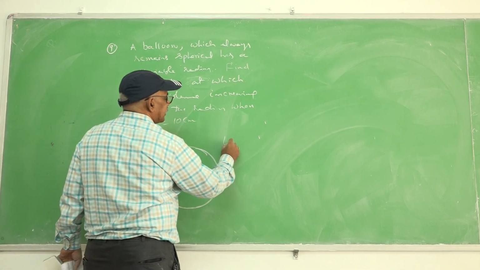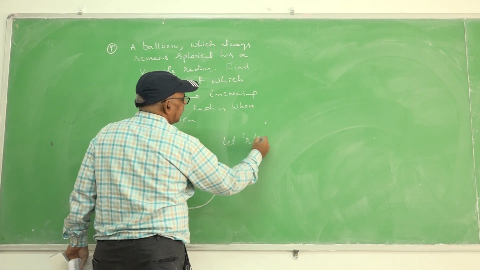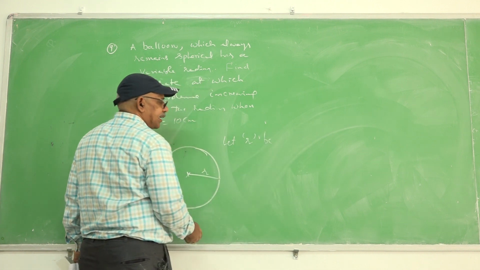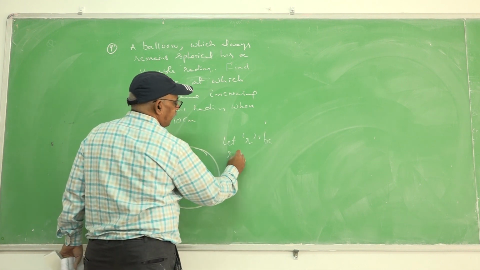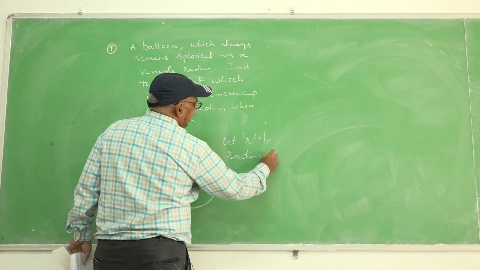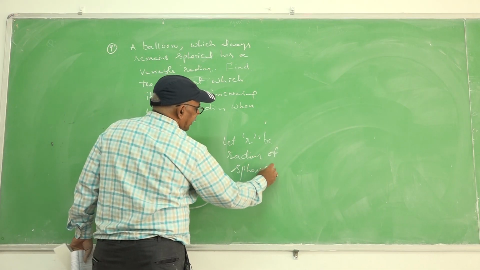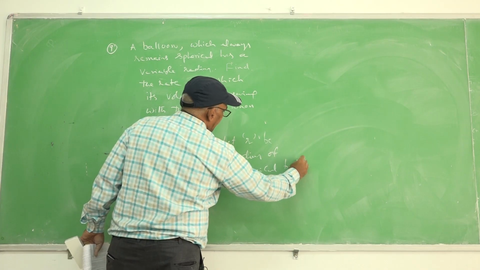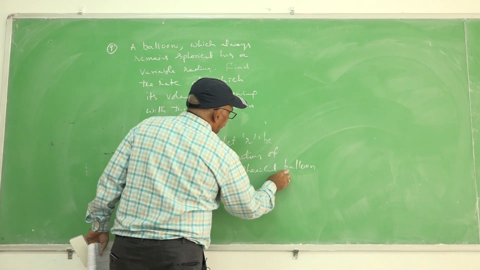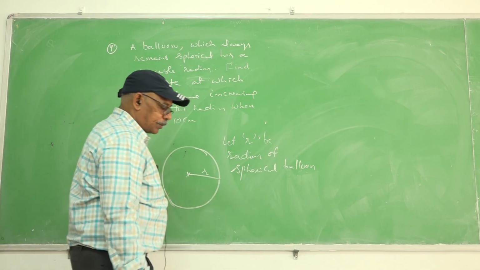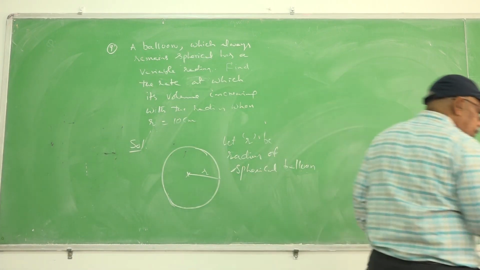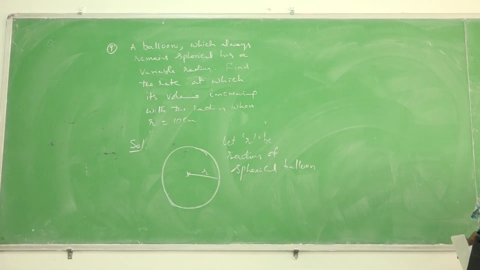Let r be the radius of the spherical balloon, which is a variable here.